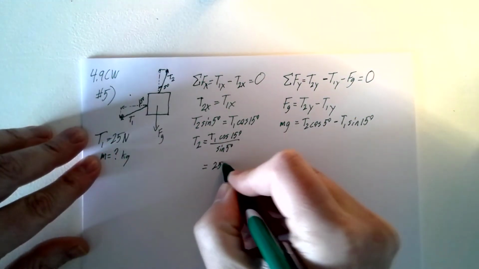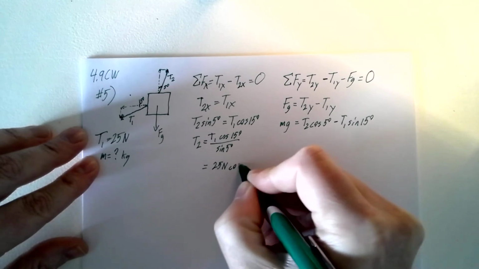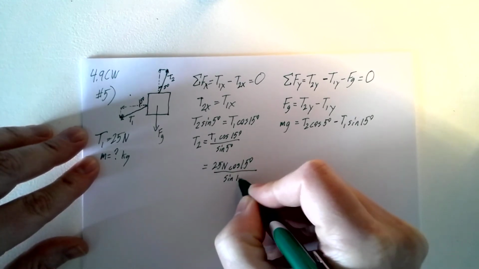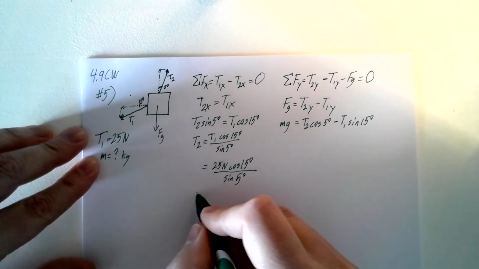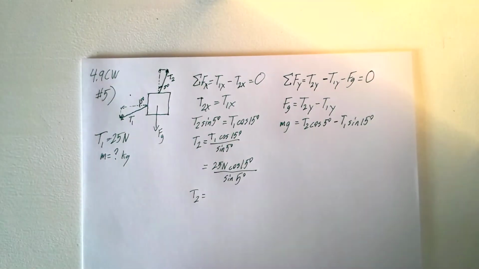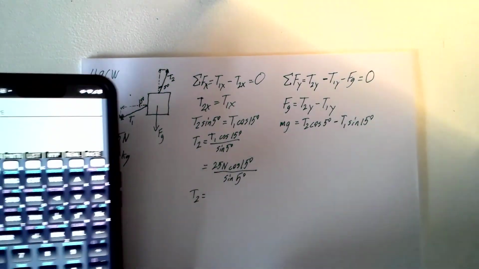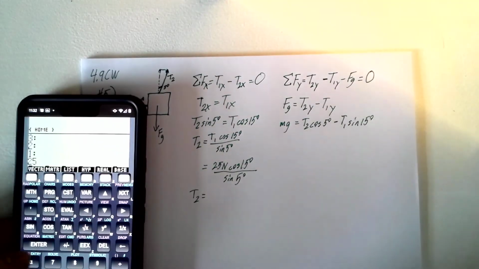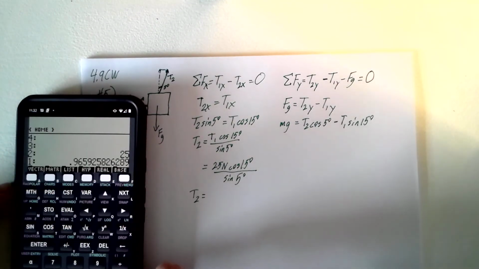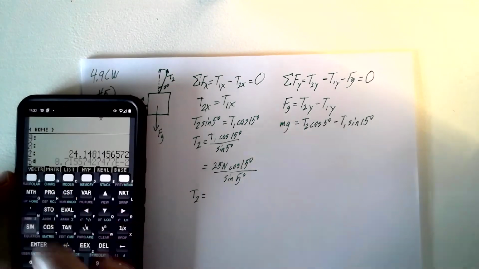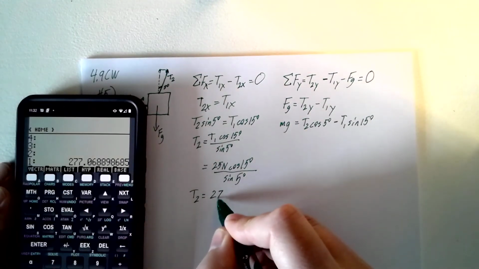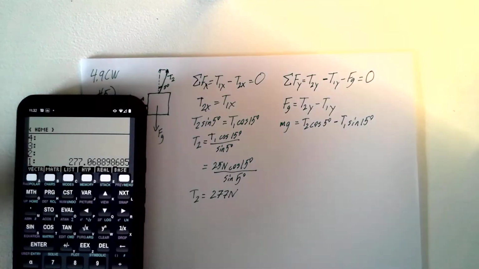T1 is 25 newtons. Cosine 15 degrees divided by sine 5 degrees. We get a value of 277 newtons.